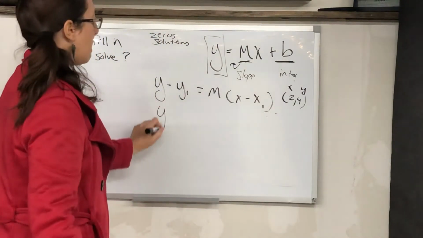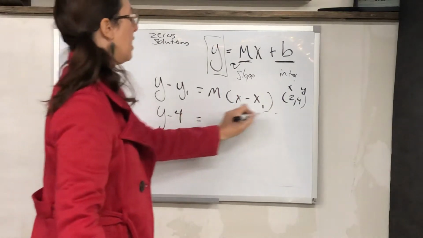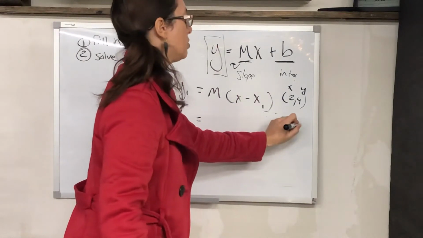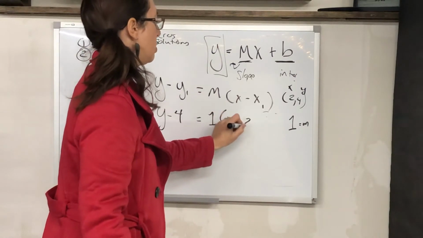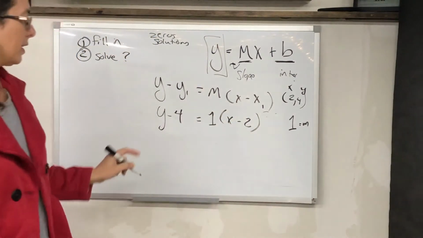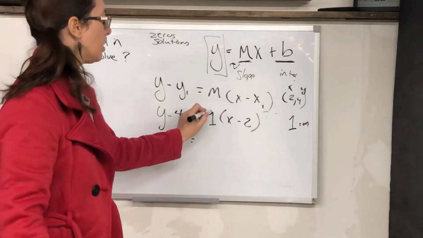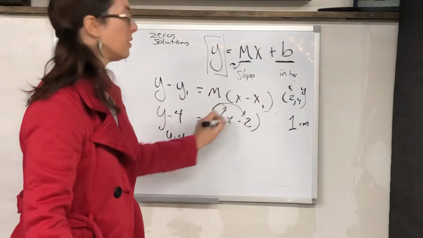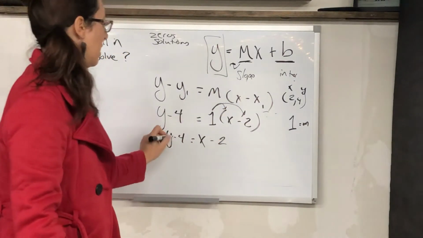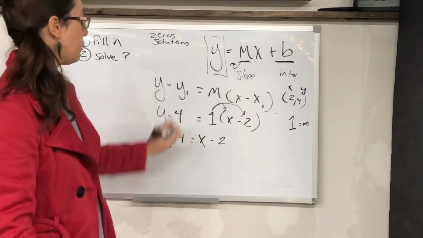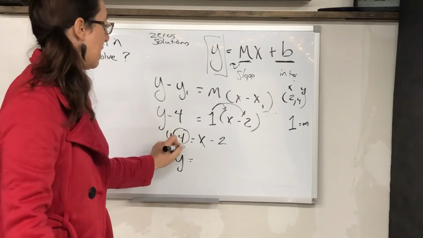So I have y minus 4. This is the point that I have. I've given you my slope is equal to 1, times x minus 2. Okay. So now we simply solve. Y minus 4, we're going to distribute our 1. Distributing our 1 doesn't change anything. x minus 2. I still need y completely by itself, which means I move this 4 by adding 4.